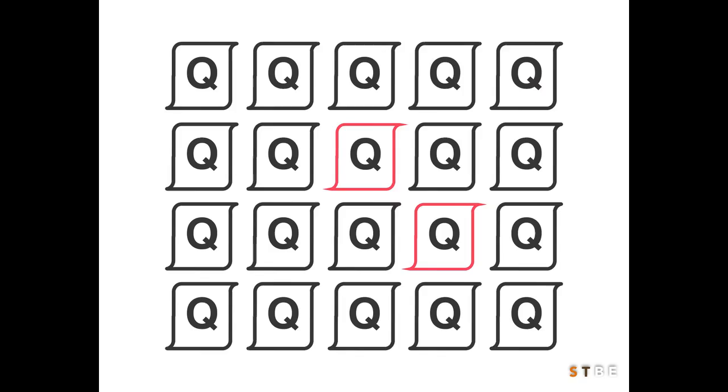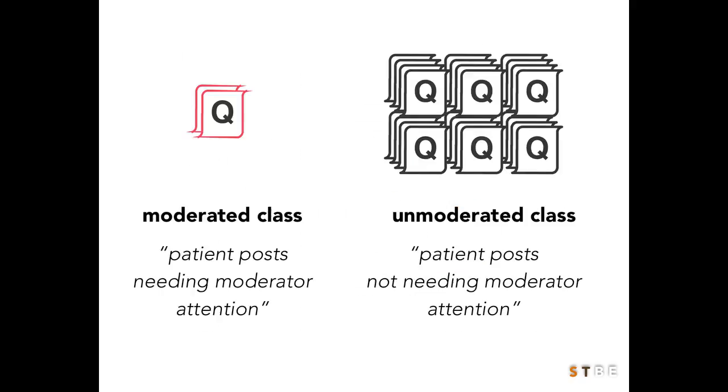So one idea was to group all the questions into two groups. One group is the questions that were actually moderated, meaning the questions that were responded to by the moderators, and the other group contains the questions that were not moderated.